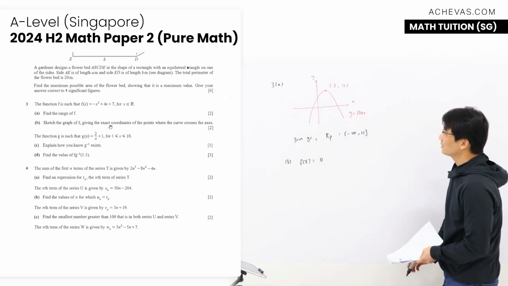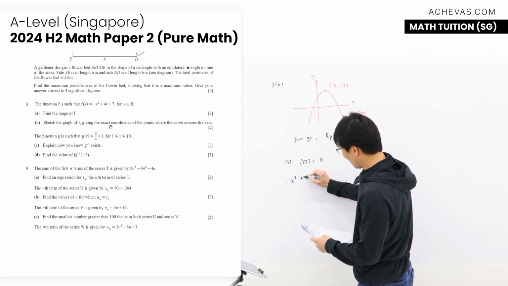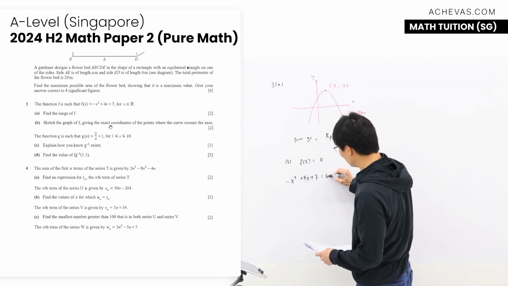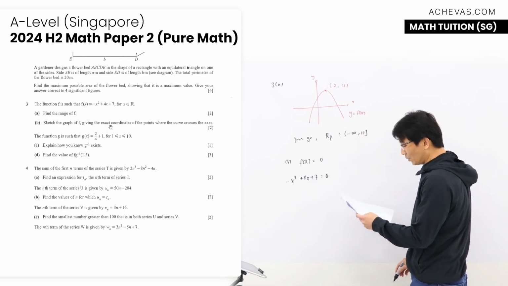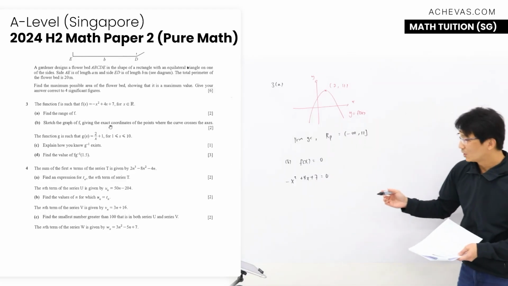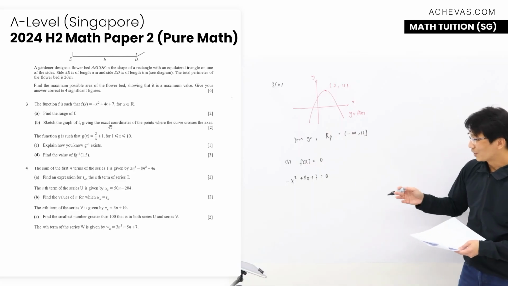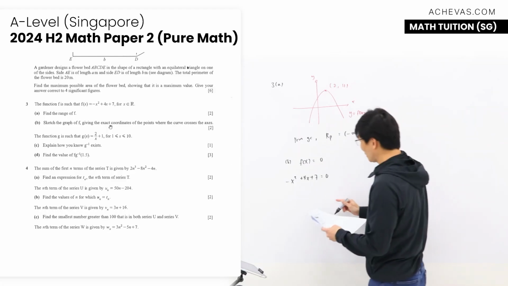I'm going to let f(x) be equal to 0, and the equation will just be minus x squared plus 4x plus 7 equal to 0. And I'm going to make use of my discriminant to find out what the roots of this equation are.